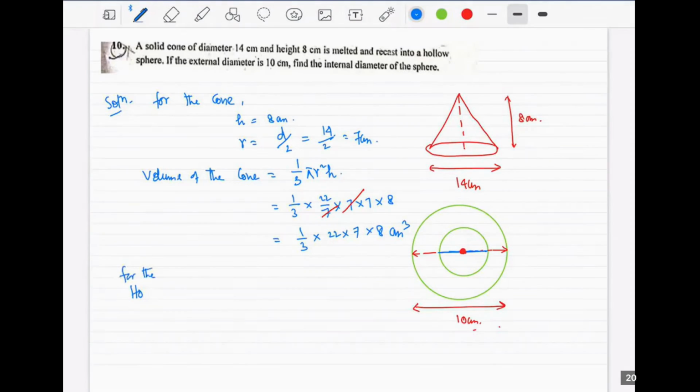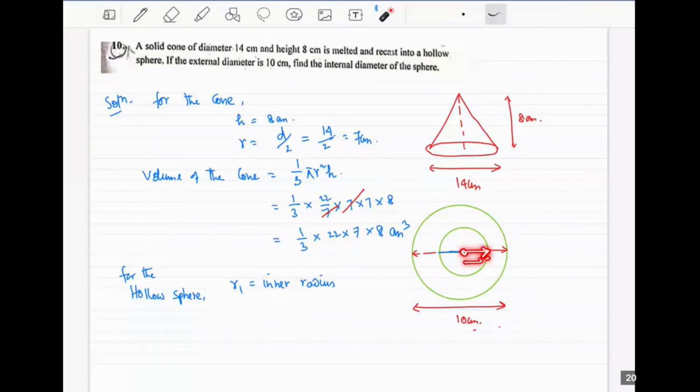For the hollow sphere, we will take R1 as the inner radius. Okay, this part right here, from here to here, we are taking it as R1. From here to here, we are taking it as R2. R2 is equal to the outer radius.